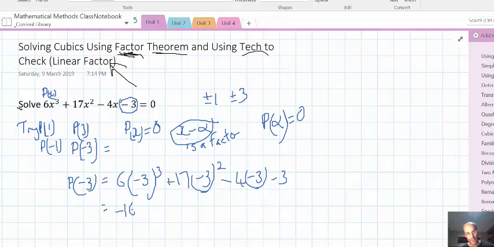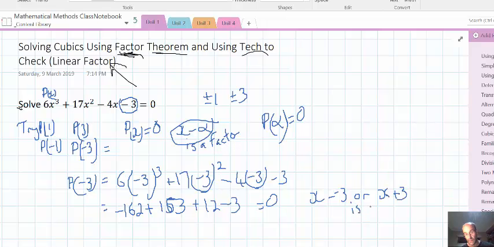We crunch all that, we get -162 plus 153 plus 12 minus 3, and that comes out as 0. So that is a factor. If alpha is -3, then x minus -3, or x plus 3, is a factor.